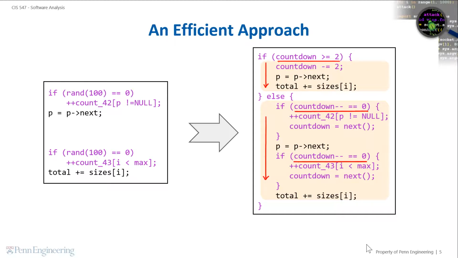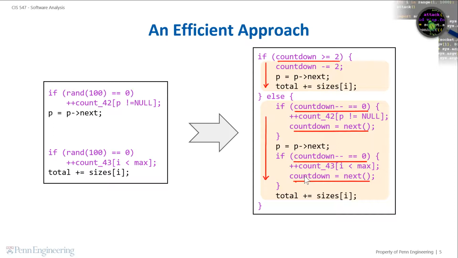At that point, the site will be sampled, the countdown variable will be reset according to the geometric distribution, and the program will continue executing. This gives us a performance advantage while still being able to choose sites in a random, independent, and dynamic manner.